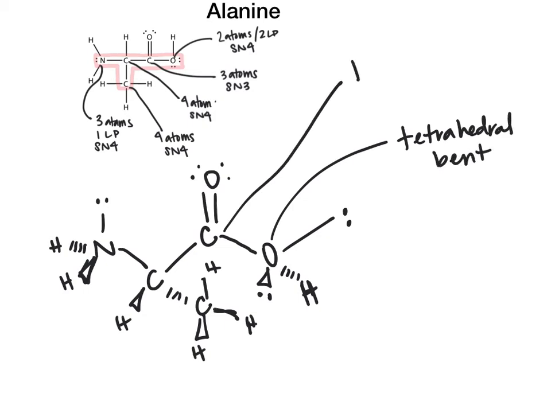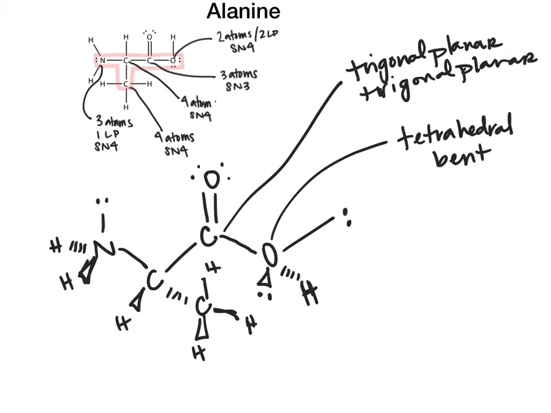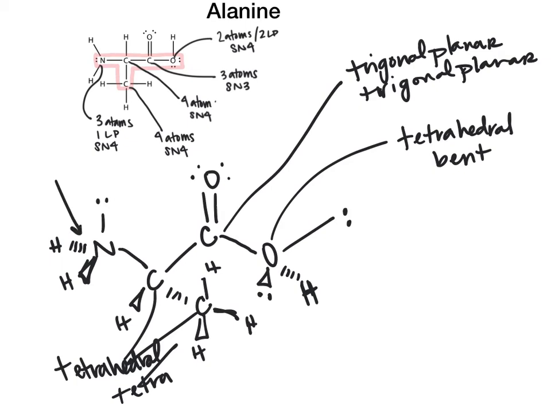We see trigonal planar, trigonal planar, these 2 carbon centers are both tetrahedral, tetrahedral. And this here, this nitrogen, is tetrahedral, trigonal pyramid.